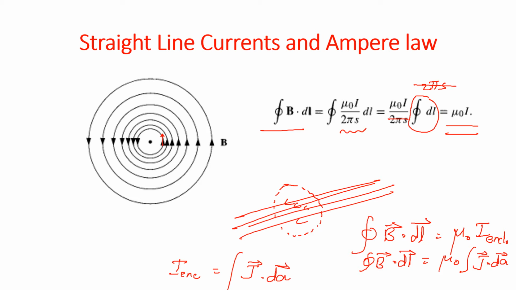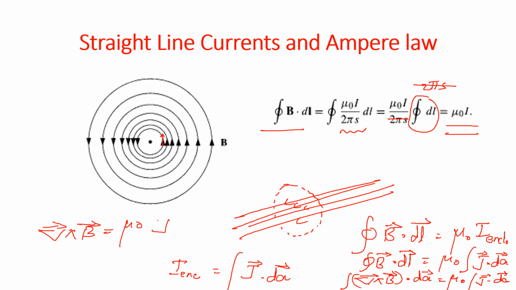Now we apply Stokes theorem to the left side. The integral B dot dl can be replaced by integral del cross B dot dA equal to mu 0 times integral J dot dA. This gives the result del cross B equal to mu 0 times J.